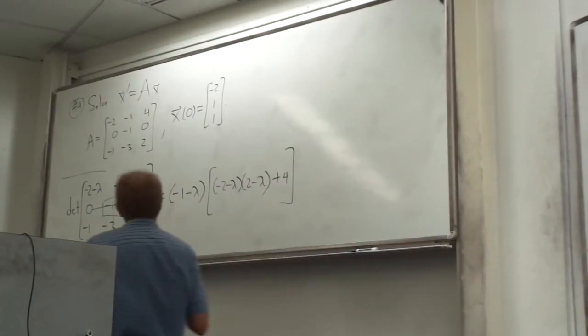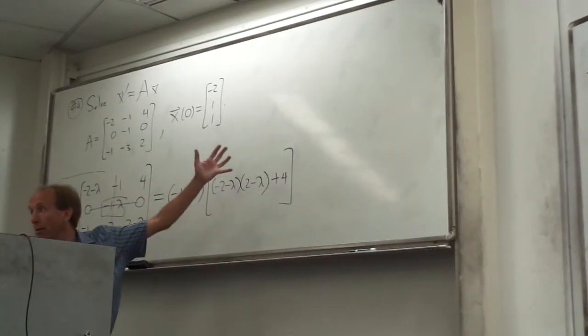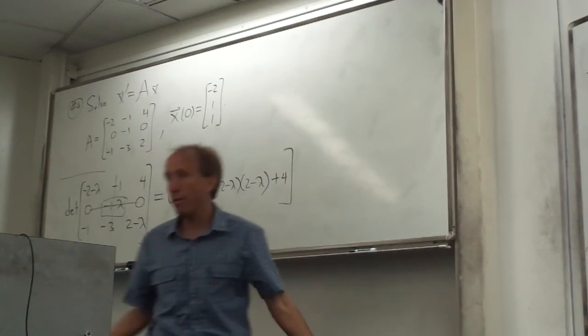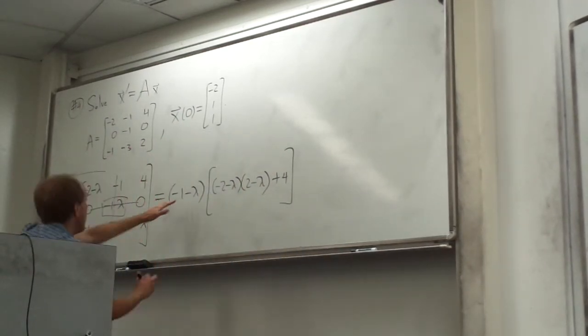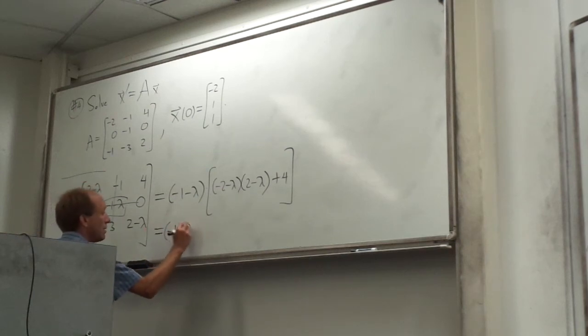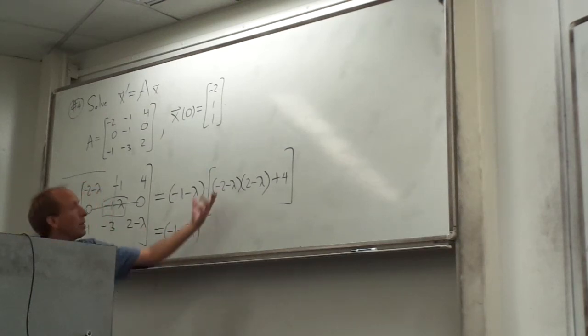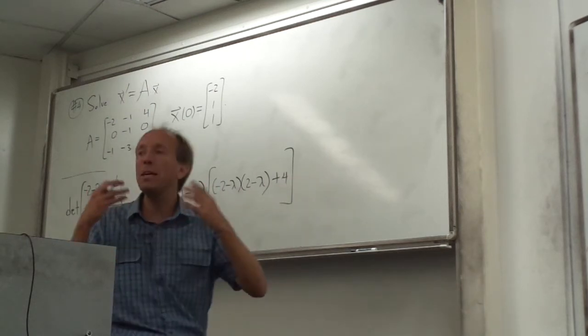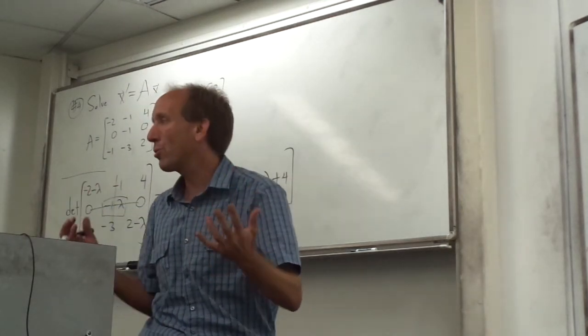All right, good. And now, do I want to multiply the whole thing out? No, because if you did that, you'd end up with a cubic and you'd have to factor the thing again, right? So let's leave it with the -1 minus lambda on the outside. The part that's in the brackets, if I multiply just that part out, will only be a quadratic. And I can deal with a quadratic, right?